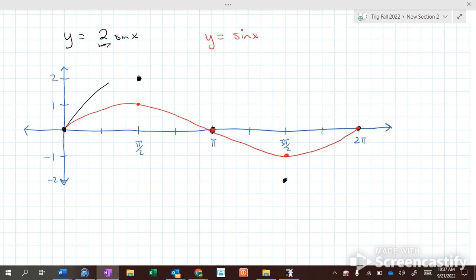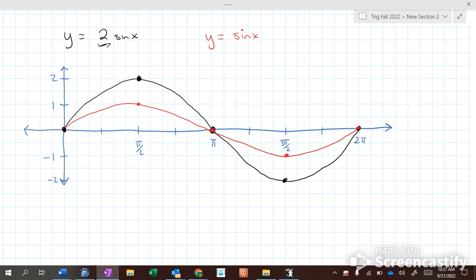So it's going to be twice as high and twice as low. How's that look?